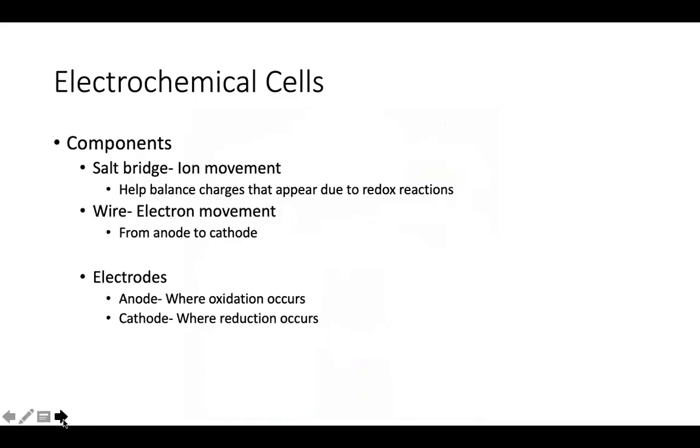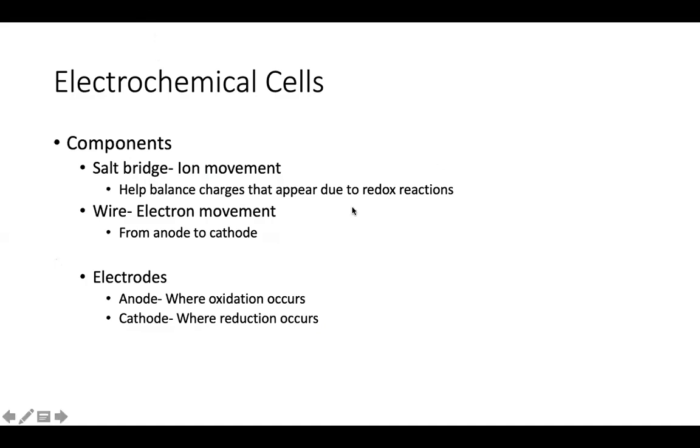Okay, so I'm going to skip to the next slide where it summarizes these portions. So again, the components: the salt bridge, where ions move, and again, that's to help balance charge, while the wire allows for electron movement. And electrons will always, always move from the anode to the cathode.